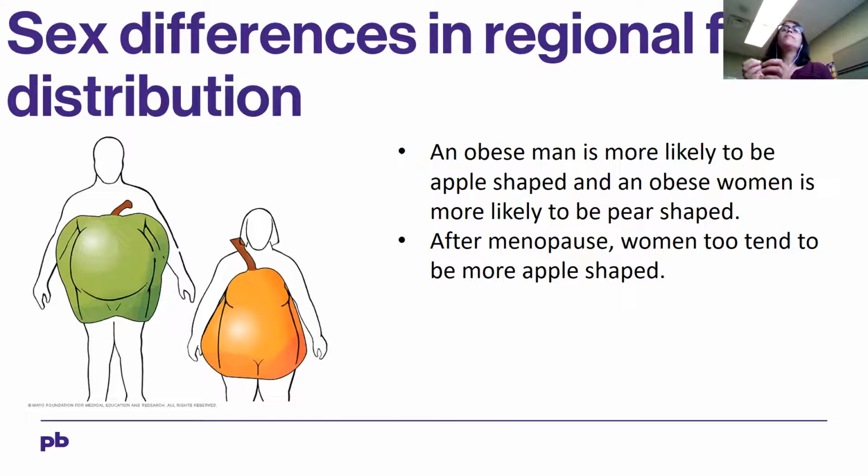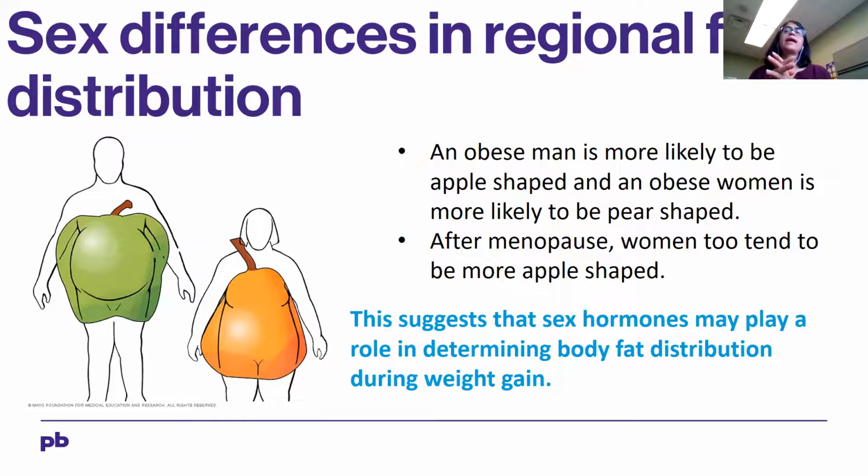Importantly, after menopause, women too tend to become more of an apple shape. So what this is telling us is that it is possible that the sex hormones play an important role in determining where you store your body fat and the whole body fat distribution.